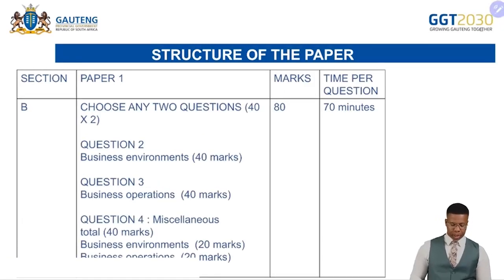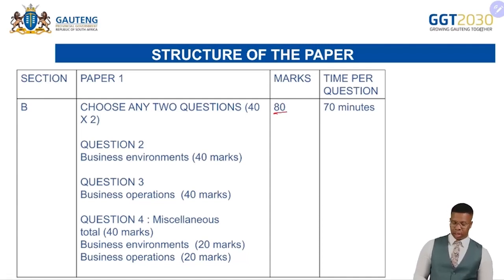Then section B, in your paper 1, you have an instruction. You choose any 2 questions in your section B, and each question is allocated 40 marks, and then you'll be having question 2, 3, and 4. So basically you have 3 questions in your section B, and you have to choose 2 so that your mark allocation can get to 80, and the time you spend for that section is 70 minutes.